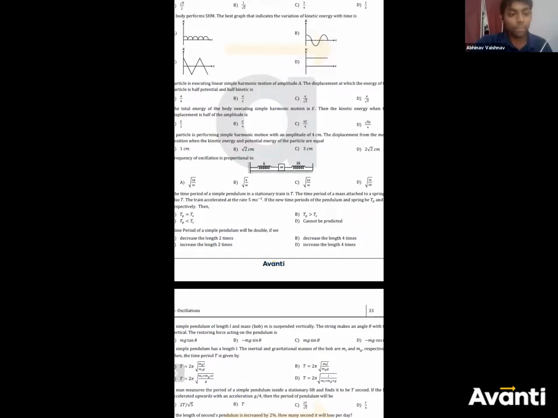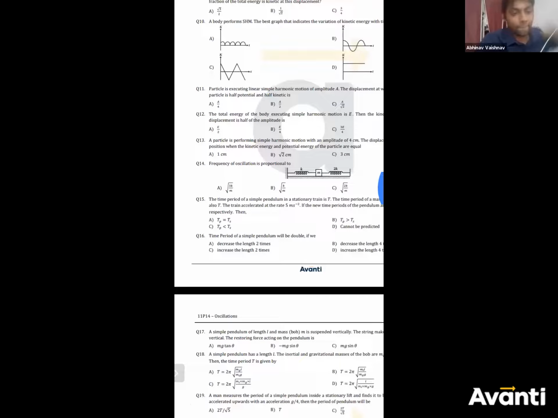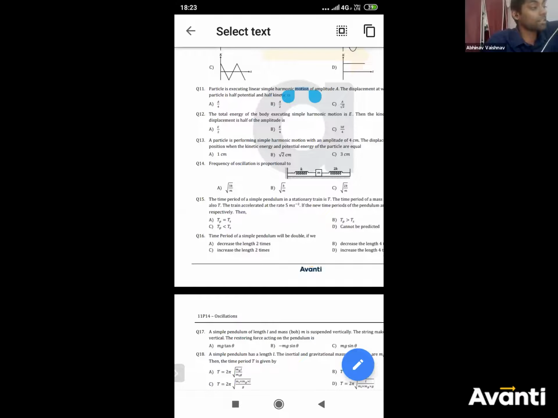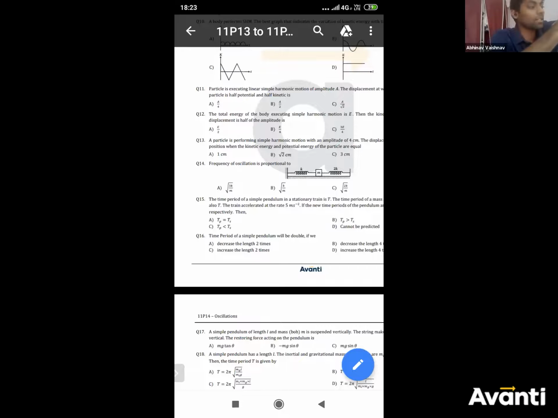This is the assignment that was given. Now you can see question 15. The time period of a simple pendulum in a stationary train is T. The time period of a mass attached to a spring is also T. Now the train is accelerated at the rate of 5 meters per second square.